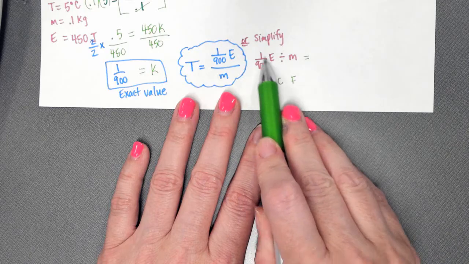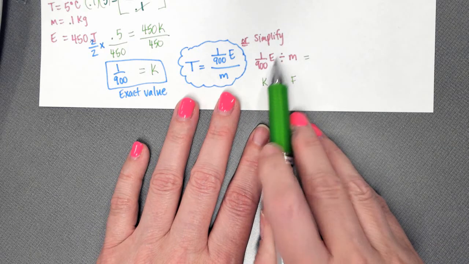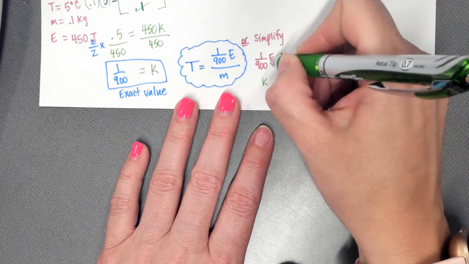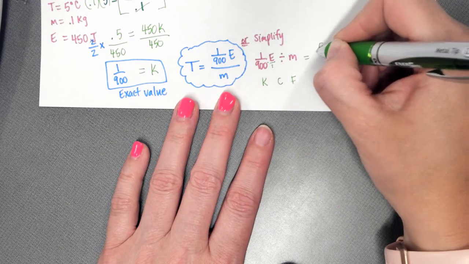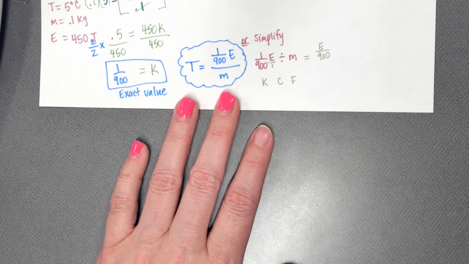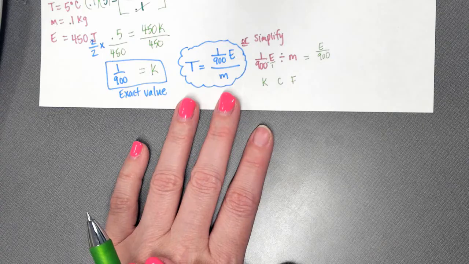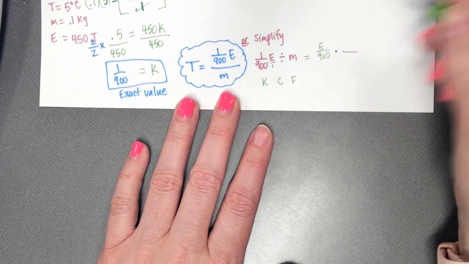When you're multiplying a fraction times a whole number, you multiply it by what part of the fraction? Numerator. Yep, because this is like e over 1, right? So e times 1 is e. 900 times 1 is 900. So you could rewrite this as e over 900. We're going to change that to multiplication, and then we're just going to flip it.